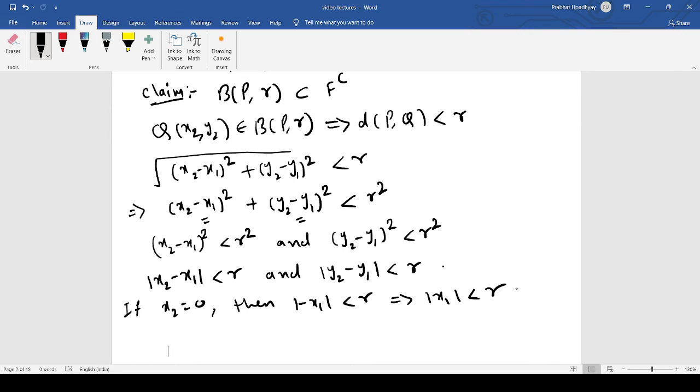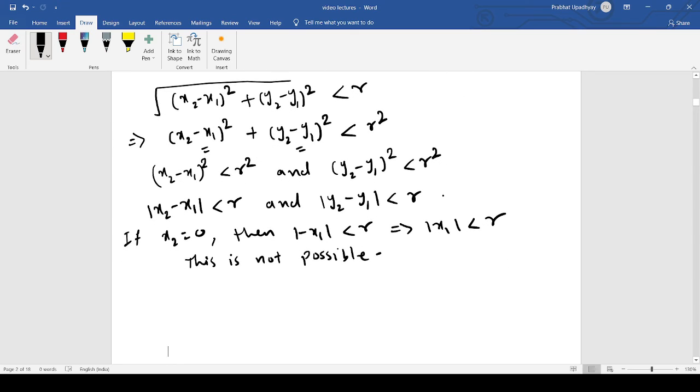But this is a contradiction. This is not possible. Why is this not possible? Because your r is the minimum of mod x1 and mod y1. So your r has to be less than or equal to mod x1. It cannot be greater than mod x1. So your x2 cannot be equal to 0.